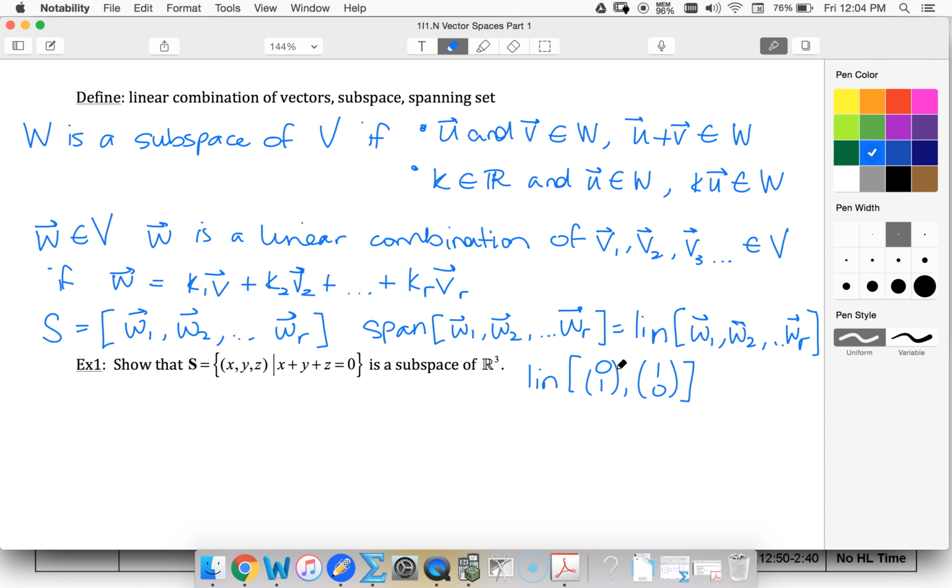Yeah, so any linear combinations of these, we would end up with R2. So we could say that these span R2. Yeah? So we're going to look at some examples of span and linear combinations and subspaces in our next examples.